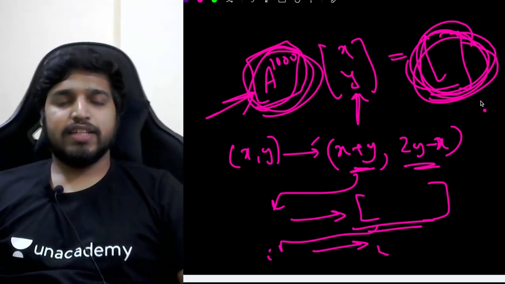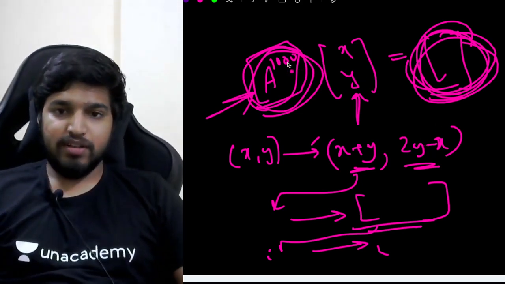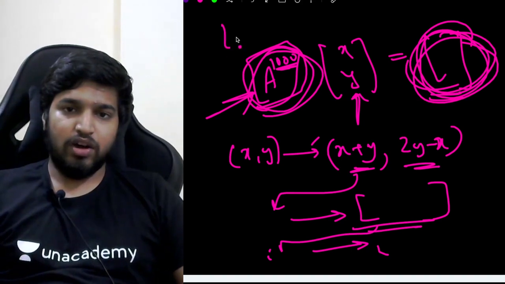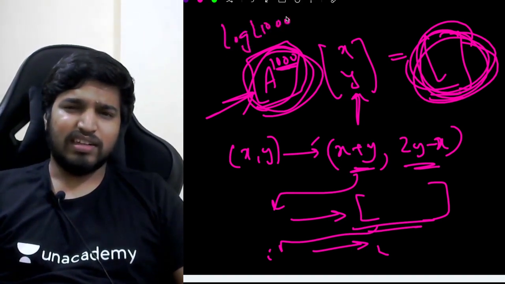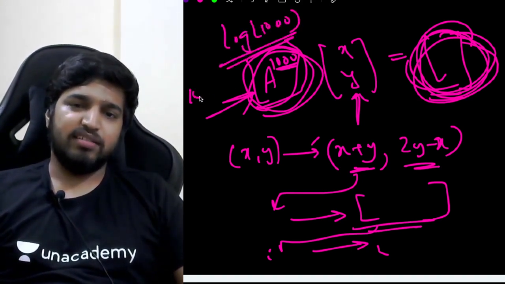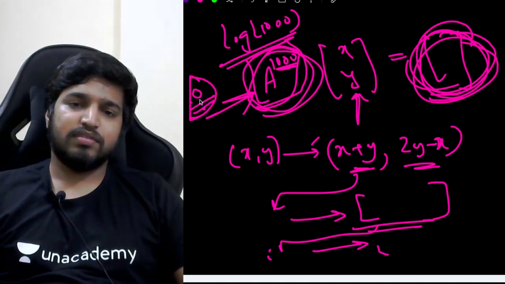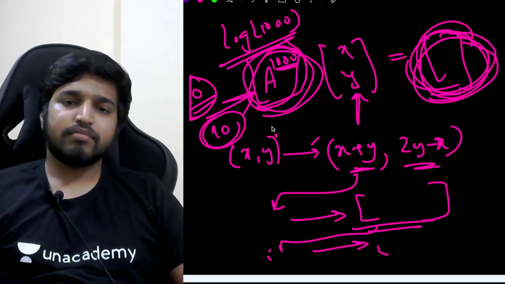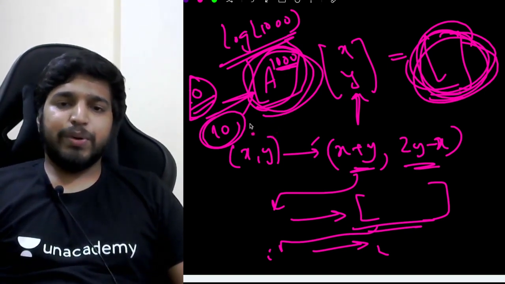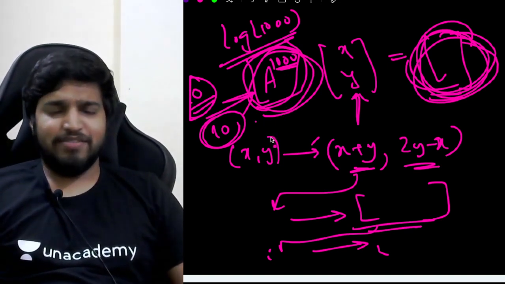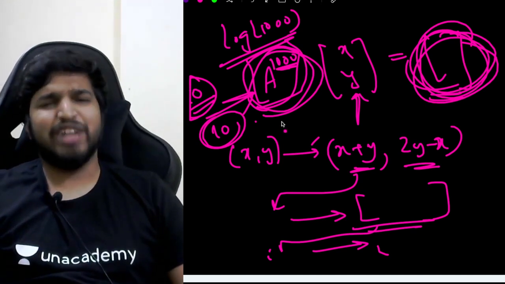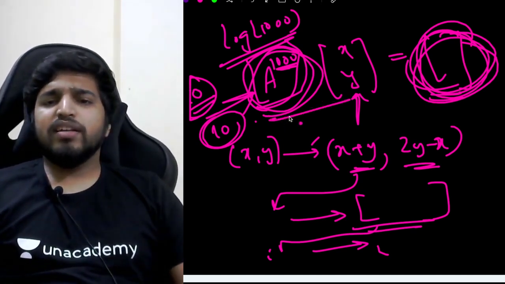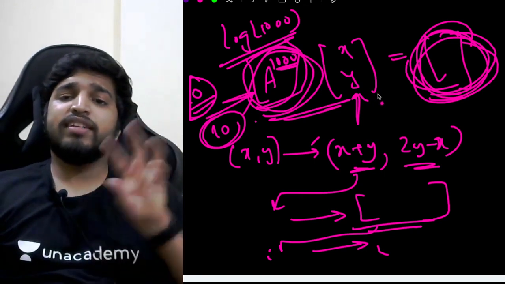And since you're doing a binary exponentiation with power 1,000, it's going to be log 1,000. Log 1,000 to the base 2 is about 10. So you're done with about 10 matrix multiplications, 10 to 20, and you can calculate what the 1,000th transform will look like.